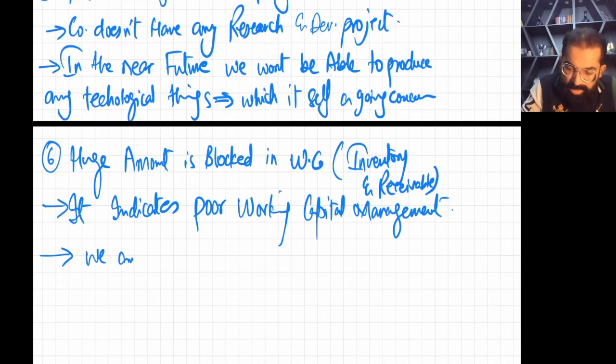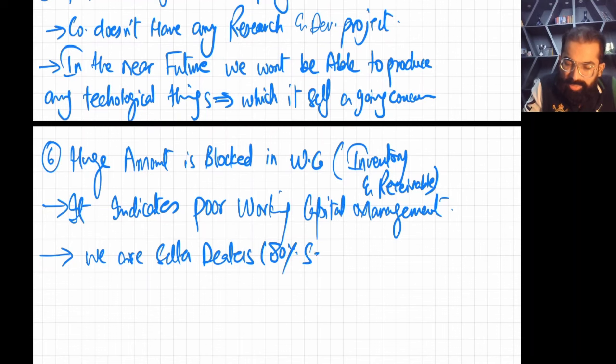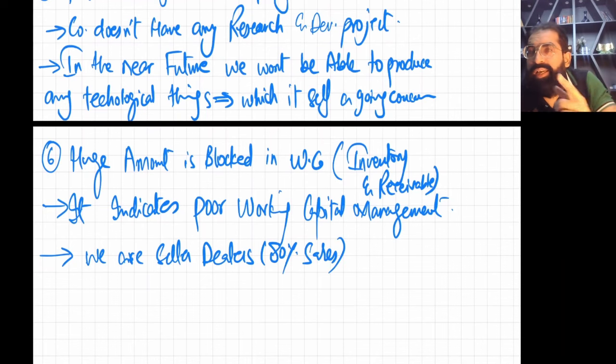Remember, 80% of sales. We are not selling directly to the customer. So when you sell to dealers, that means you give them credit. And we are not able to collect money from these dealers. Our dealer management is not good. That's why a huge amount is blocked in receivables.